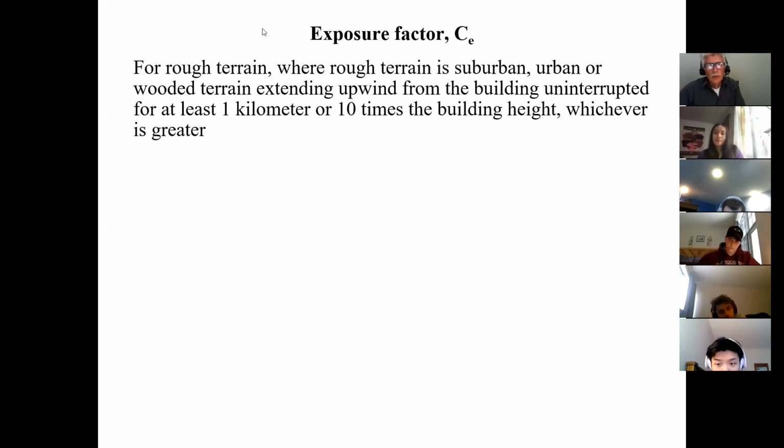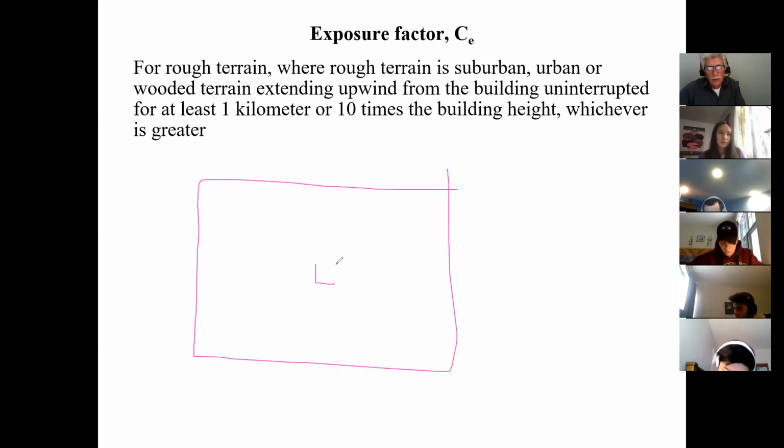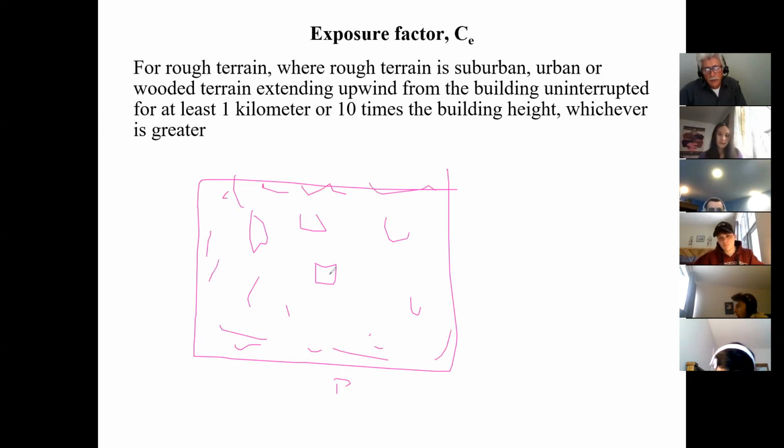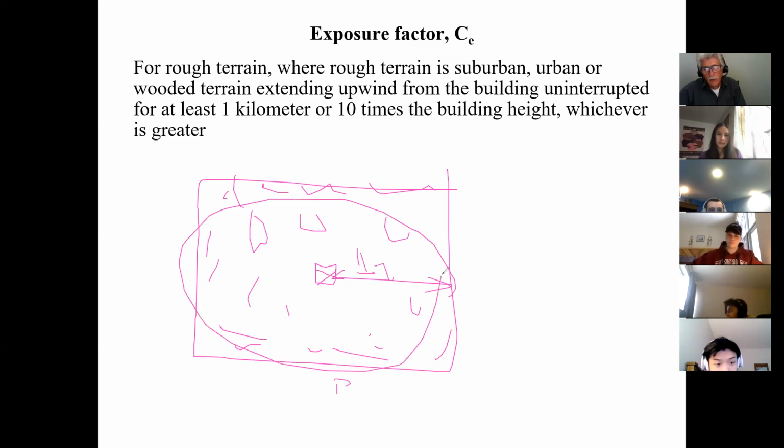if this is a map, a plan view, and I have a building here in the map, and all of a sudden I have all kinds of buildings and trees and everything, what they're saying is that all these other obstacles that can slow down the wind from this house have to extend at least 1 kilometer all around. If you don't have that, you cannot use this. You cannot consider it.